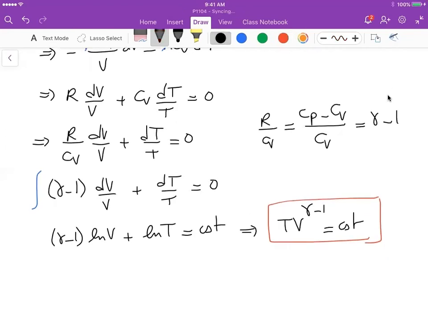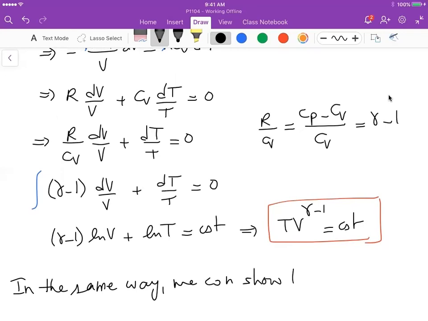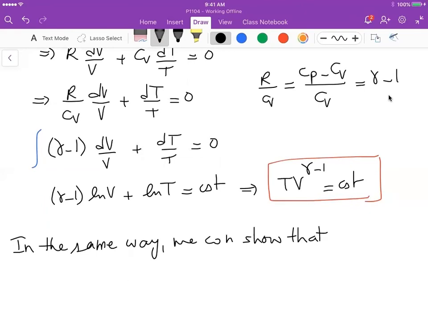And finally, in the same way, using equations 1, 2, and 3, we can show that the relation between the temperature and the pressure is given by T to the power minus gamma, P to the power gamma minus 1, equal to a constant.